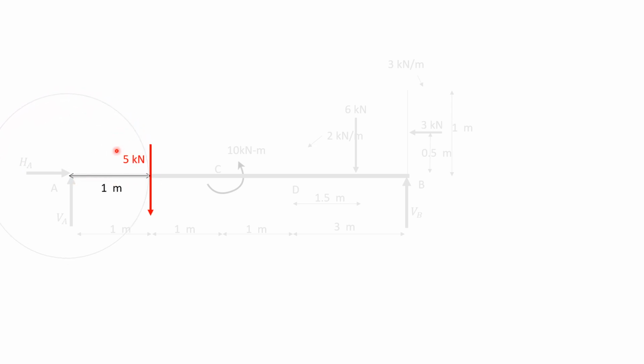So it will have magnitude of 5 into 1 clockwise. The 6 kilonewton force will have a line of action like this, and it will have a perpendicular distance of 1, 1, 1 and 3 by 2, 1.5. So 3 plus 1.5, 4.5 meters about point A.